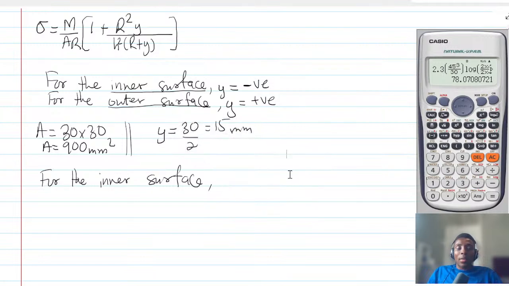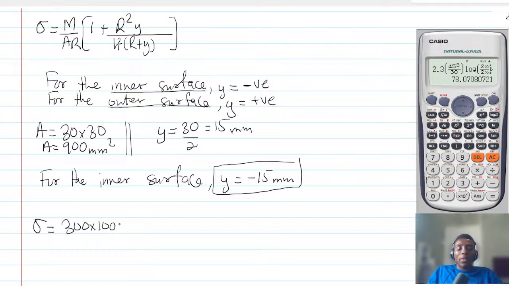But when you are dealing with the inner surface, y will be minus 15 because of the compression. Then you quote the equation. So moment is 300 times 1000 divided by area, which is 900, that is 30 by 30.